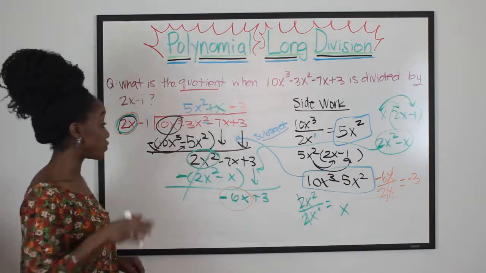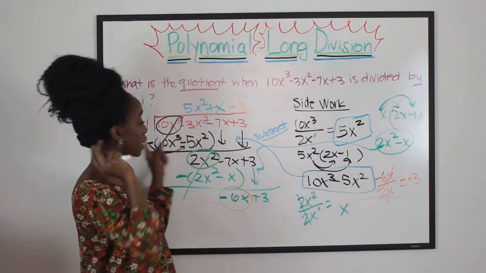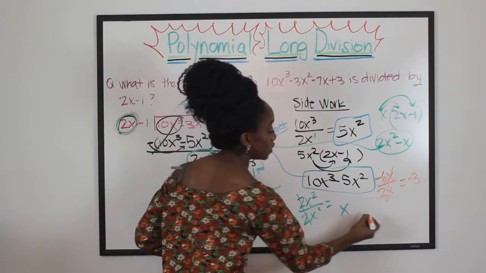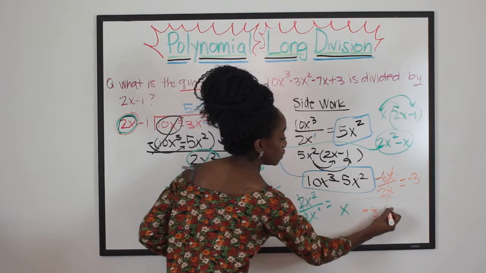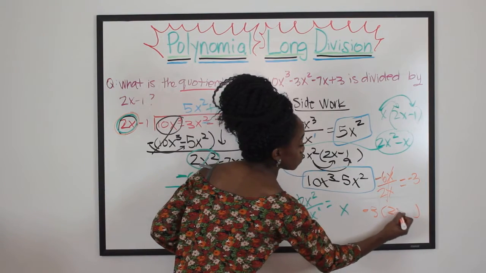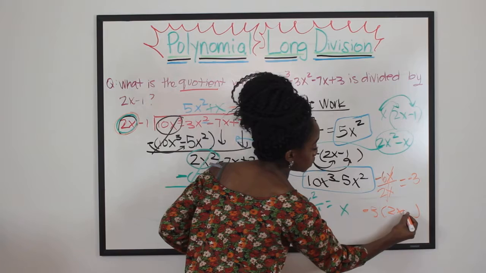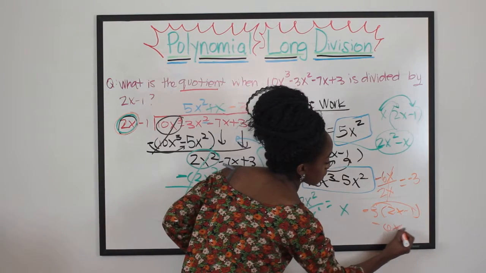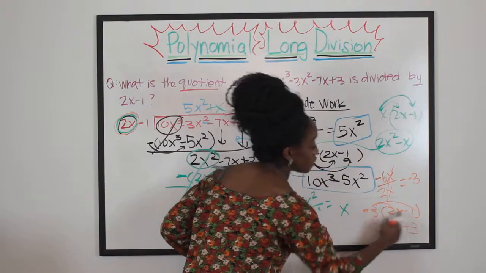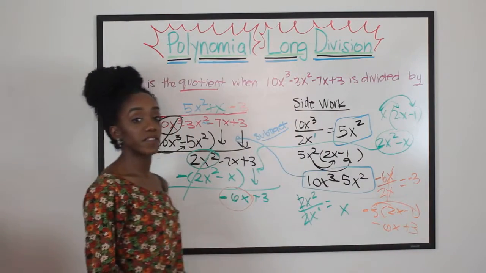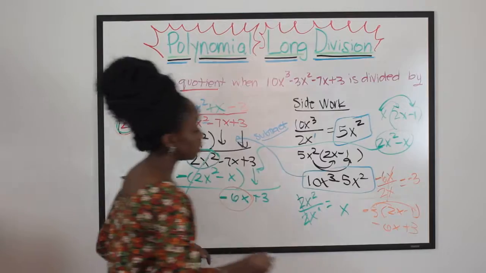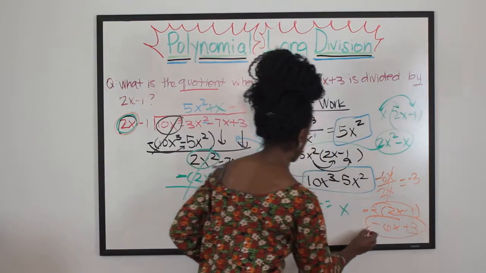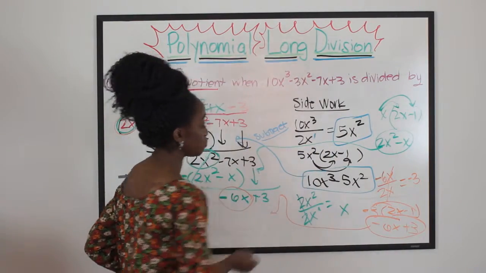Now that the negative 3 is up there, I have to multiply it back into the divisor. So we have negative 3 times the same 2x minus 1. And we get negative 6x plus 3. These two negatives make the 3 positive down there.